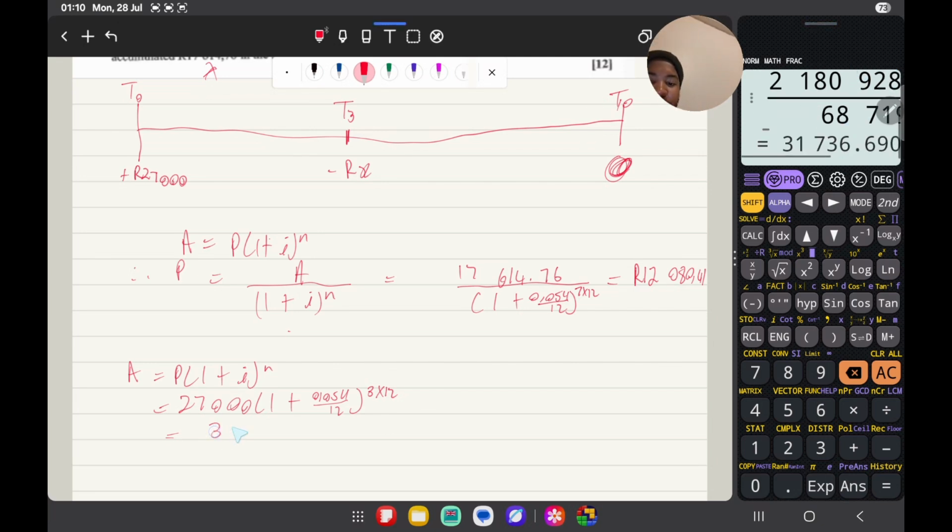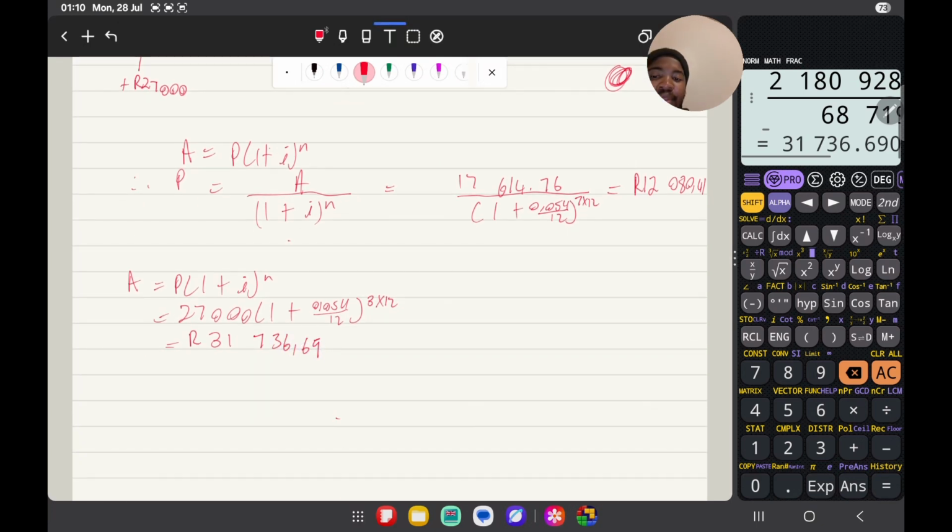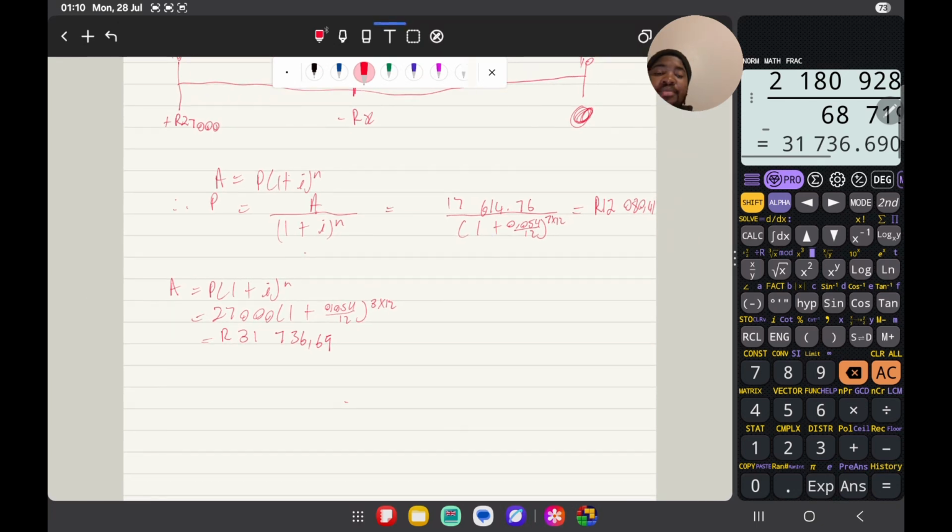So it says we had the 27,000, it reached 31,736.69 3 years later. So before this man made the withdrawal, this is how much was in the account, right? Then he makes the withdrawal.